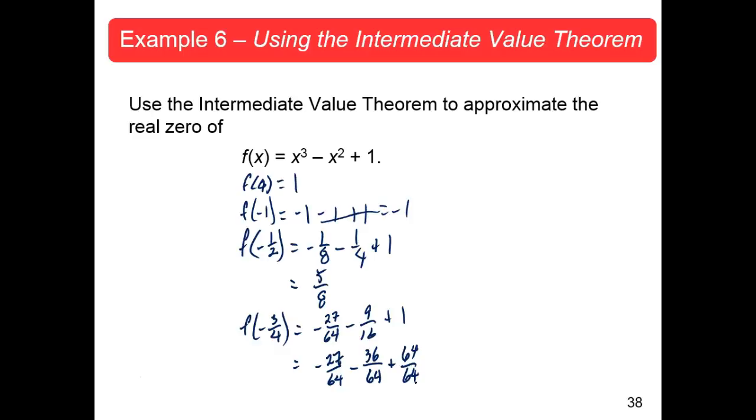What does that give you? Negative what? Negative 63 64ths? Woo! So we got a 1/64. Yeah, that's close enough to 0 for me, I think.